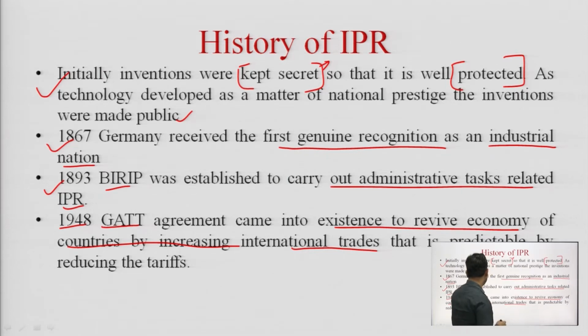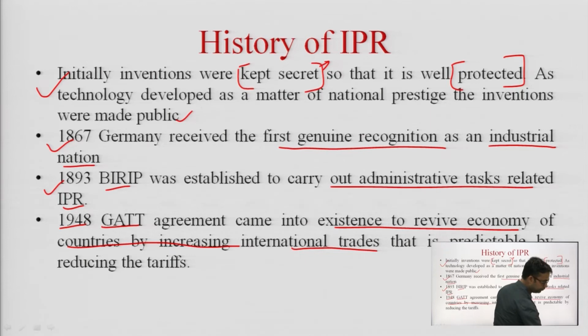So, in 1948 the GATT agreement came into existence, and this has facilitated the business of countries from one country to another, because they have cut down the tariffs, meaning taxes were reduced. Okay, so that the product of one country can be sold easily in another country.